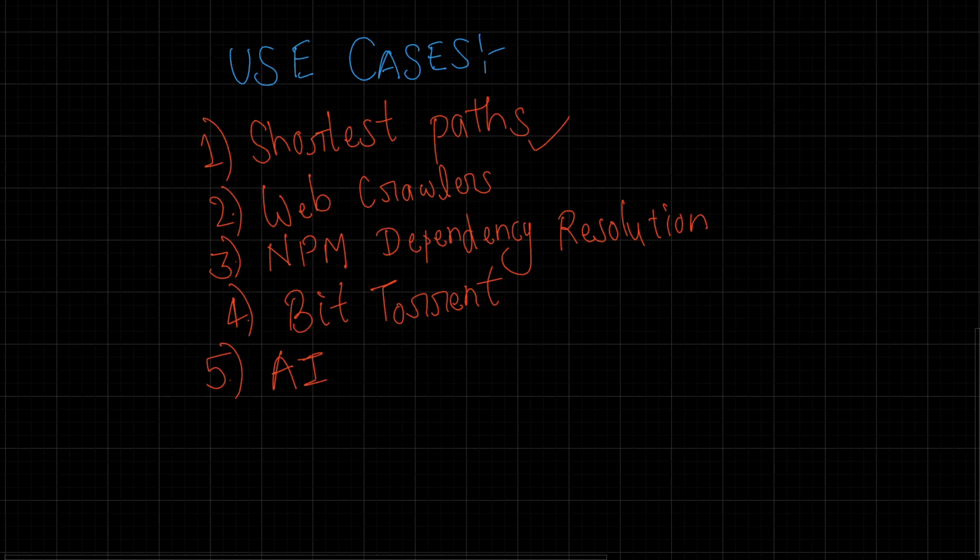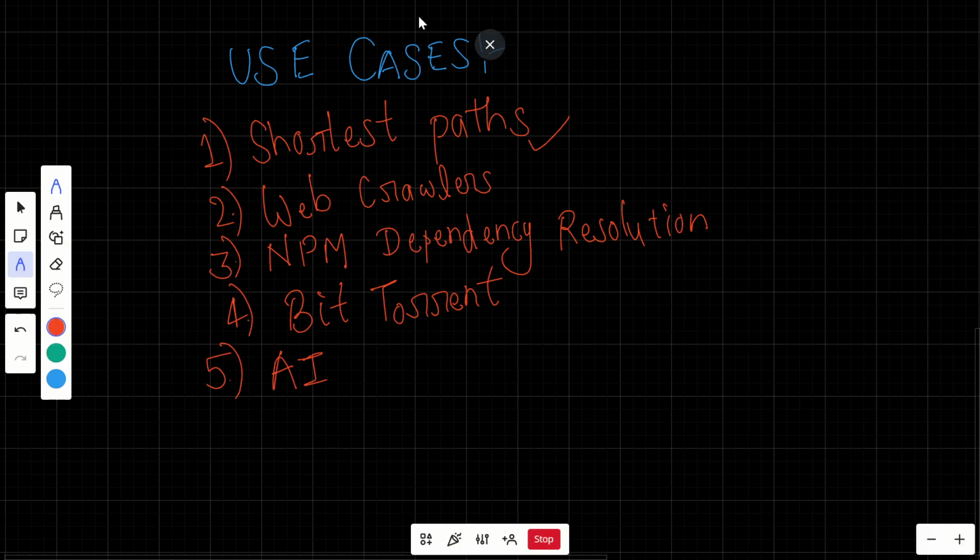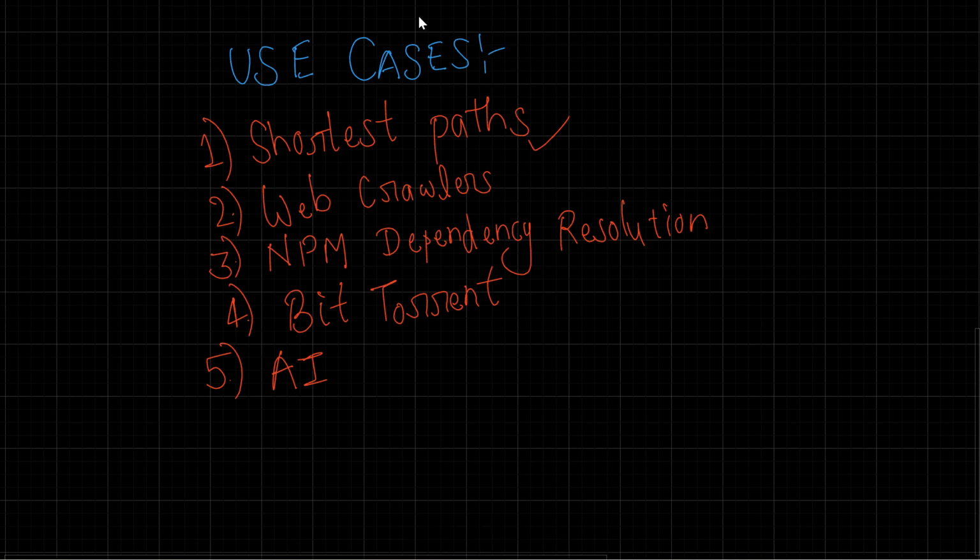So when we hit npm install, it makes a dependency graph and uses the BFS algorithm, because with the help of BFS we can reach a set order of the dependencies, like we have to execute the first and then the second, and so on. So this is how we use the BFS algorithm in npm dependency resolution.